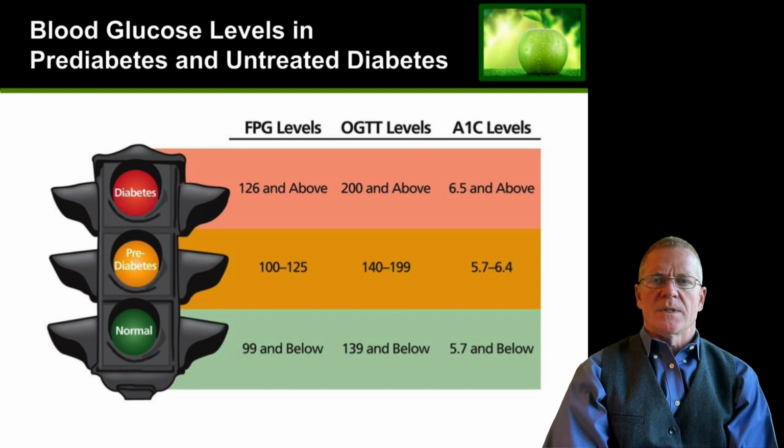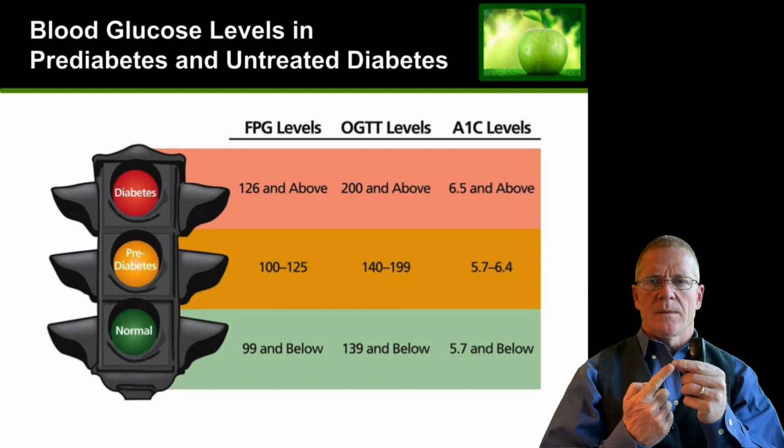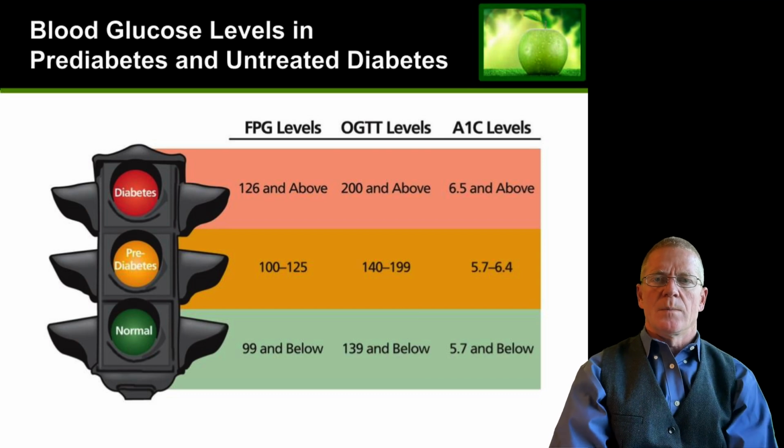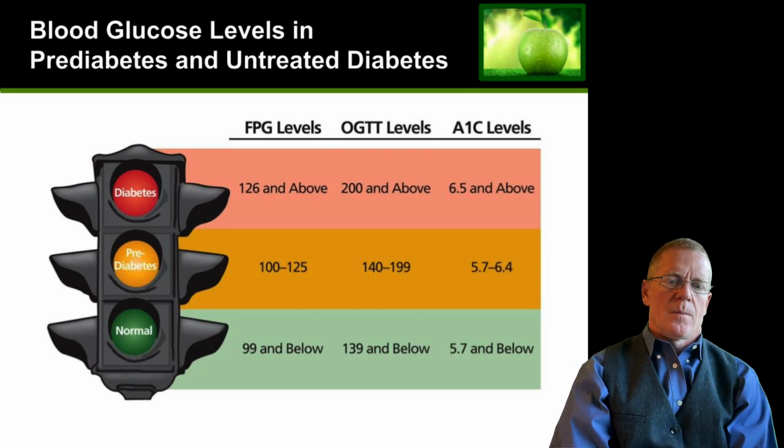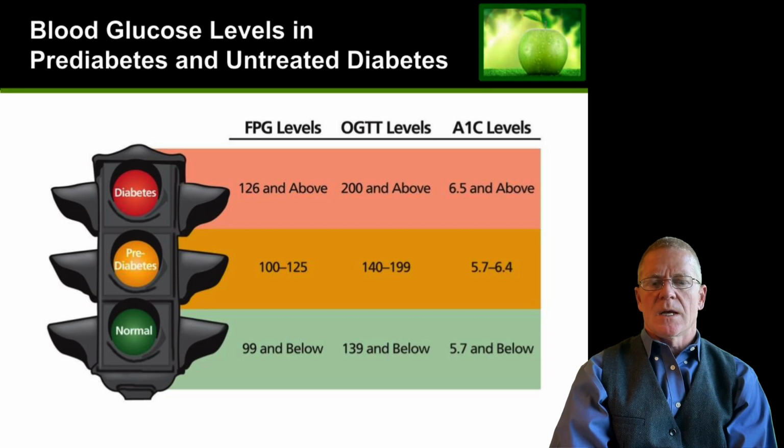That can be diagnosed by taking a simple drop of blood and measuring it with a simple glucose meter. Prediabetes would be where your resting blood glucose is in the 100 to 125 milligram per deciliter range, and then frank diabetes would be early morning glucose above 126 milligrams per deciliter.